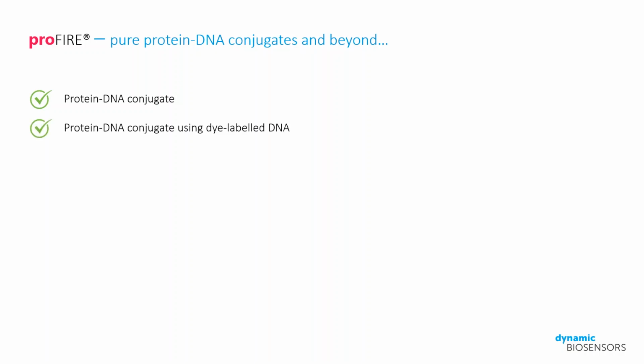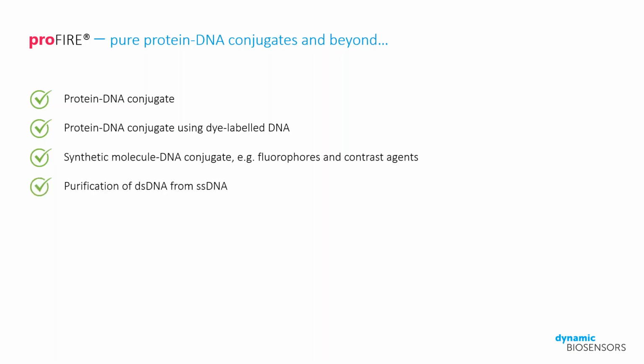And these include the purification of protein DNA conjugates, this time using dye-labeled DNA, so bifunctionalized DNA, synthetic molecule DNA conjugates, so for example, attaching fluorophores or contrast agents as well to DNA and the separation of the unconjugated products from the conjugate reaction, the purification of double-stranded from single-stranded DNA, and of course, a growing application that we see with the usage of our device, and that is the purification of DNA origamis that involves the removal of staple strands from the assembled origami structures.